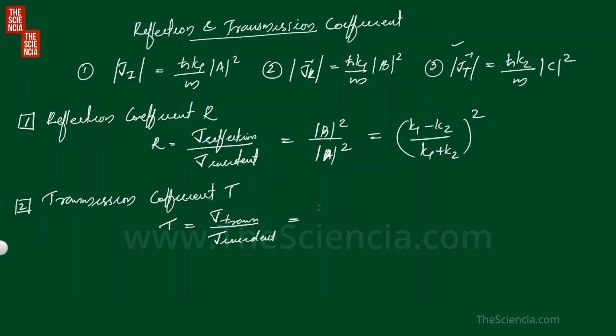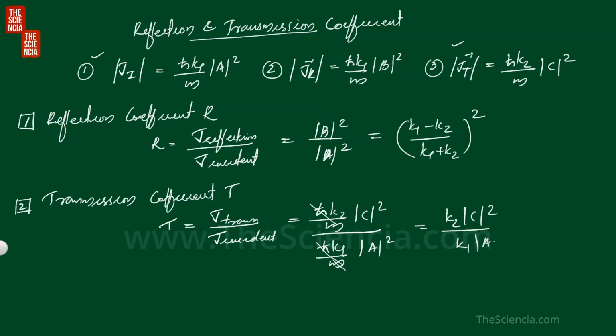That is h cut k2 by m into mod C square, divided by J incident, that is h cut k1 by m mod A square. Here h cut by m are common terms, so they cancel. We get k2 mod C square by k1 mod A square. Earlier we found the value of C by A, so we substitute it.